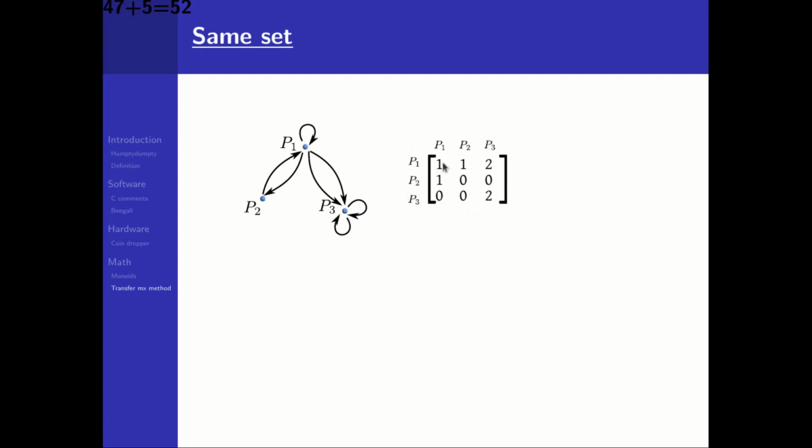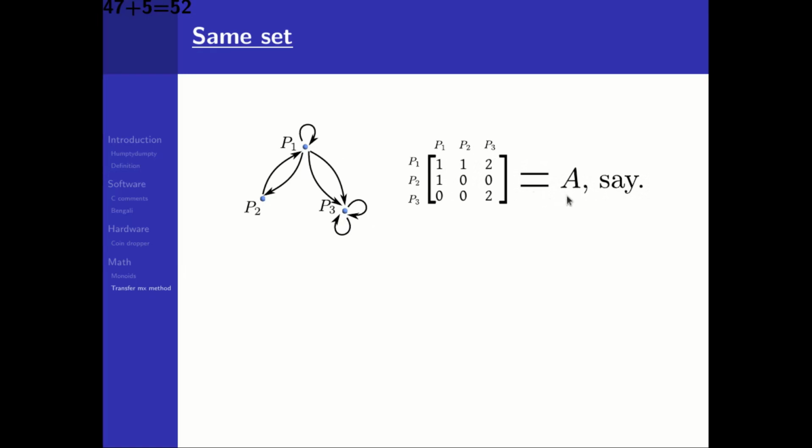Like this, P1 to P1 there is only 1, that is a self loop. Then P2 to P2 is 0, because there is no loop from P2 to P2. P1 to P3 we have 2, because from P1 to P3 there are 2 arrows leading. Now if I ask some question, you can answer them based on this matrix.